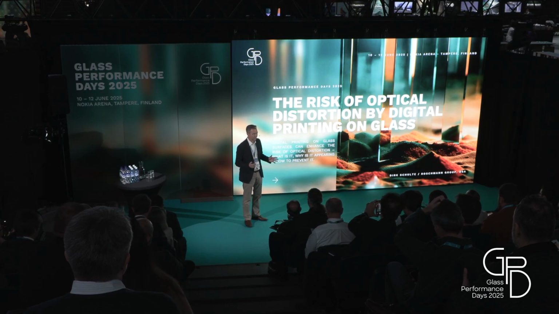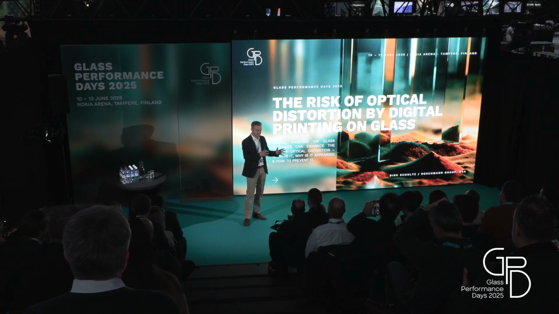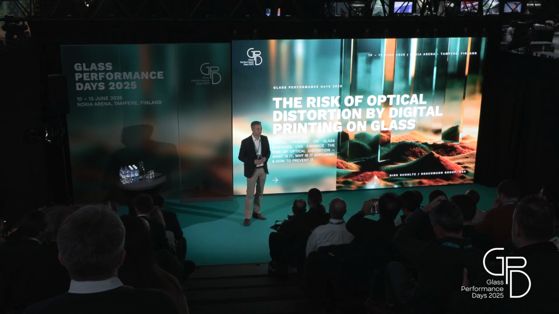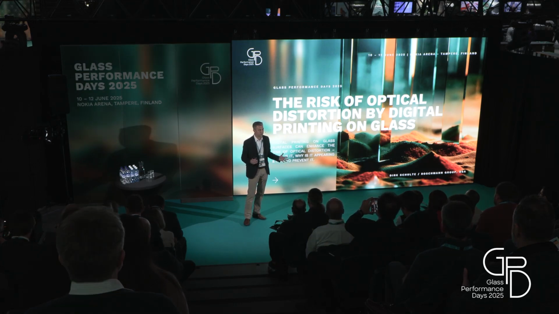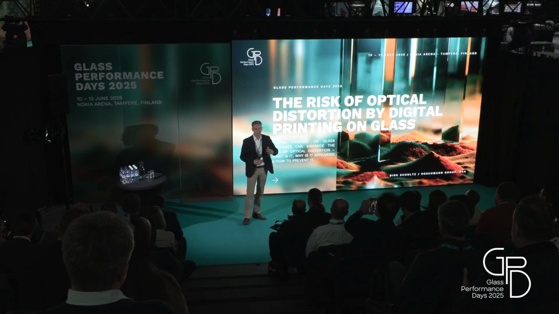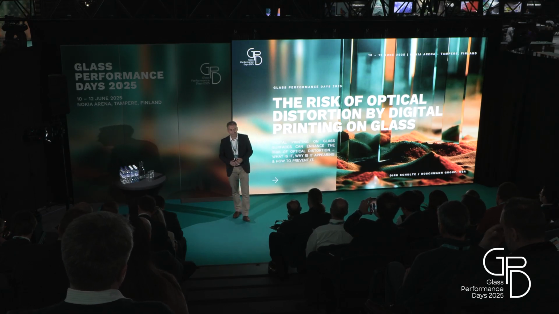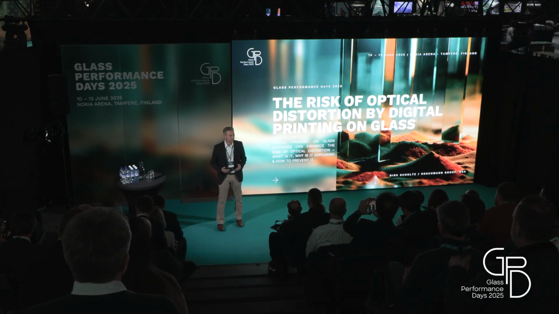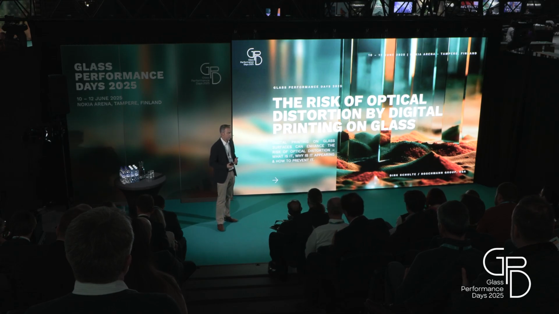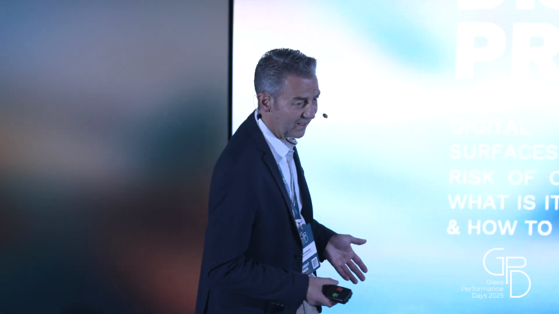That's a very prestigious topic, which talks a little about optical distortion in general, but also bridges to a very specific application, which is digital printing, which more often is being used in modern architecture. So digital printing on glass may enhance the risk of optical distortion on glass.